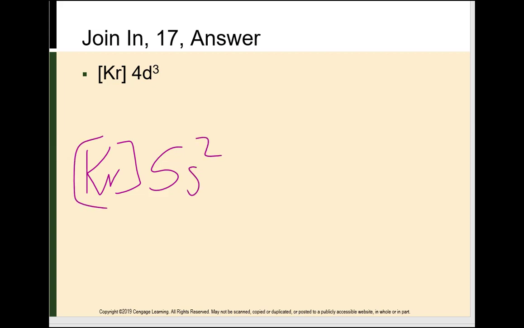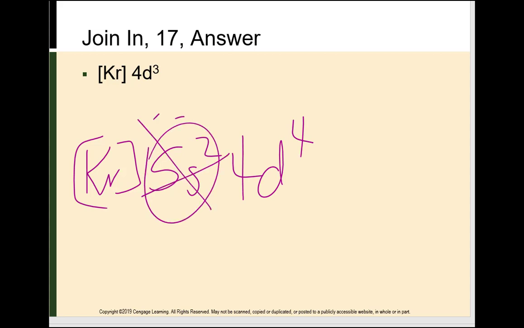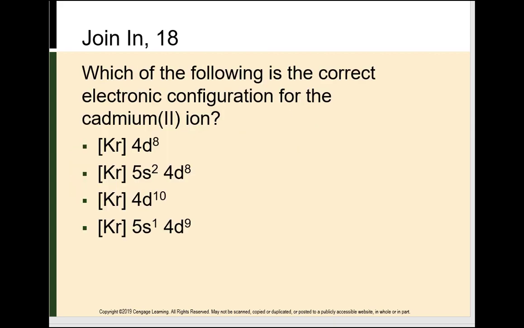Then we have 5s2, and then 4d, 1, 2, 3, 4. And we wanted to take off 3 electrons, so 2 of my highest 5 gone, and 1 from that d, so 4d3, krypton 4d3.